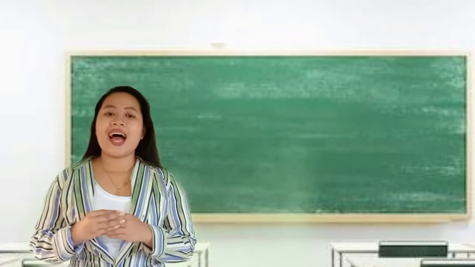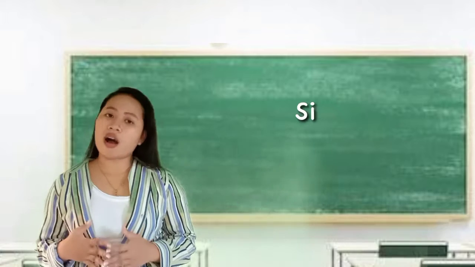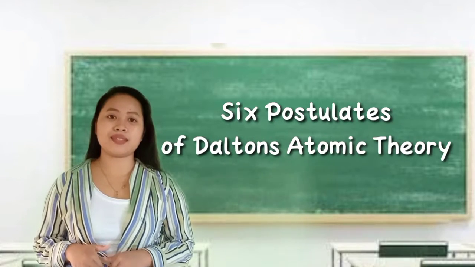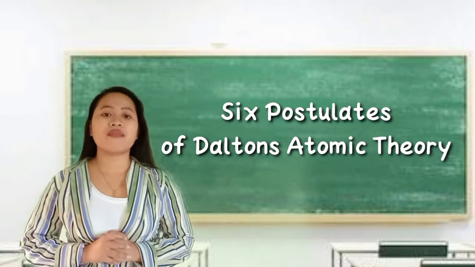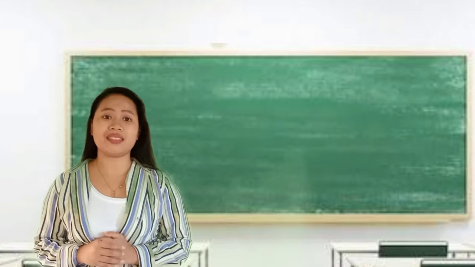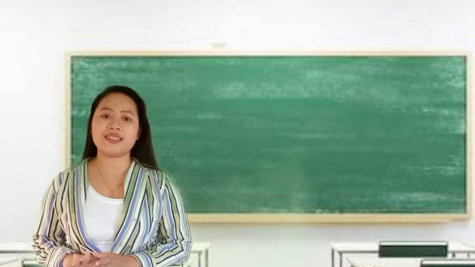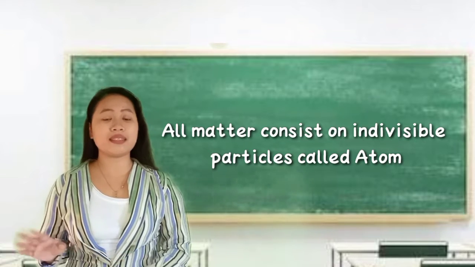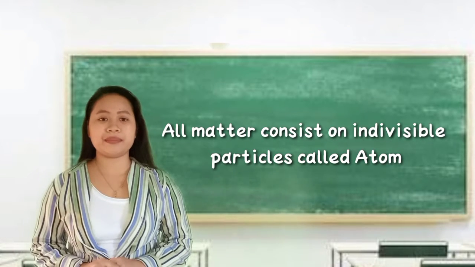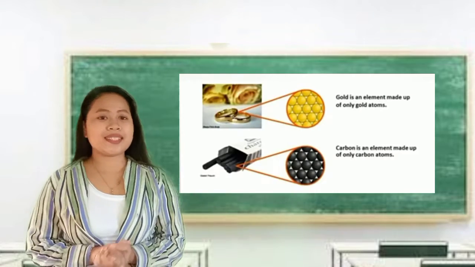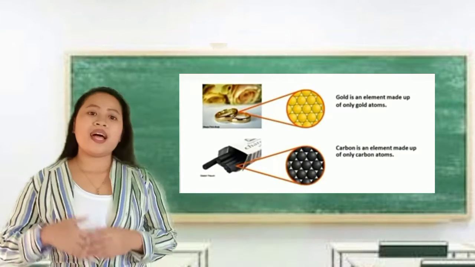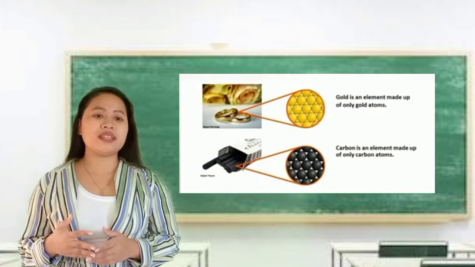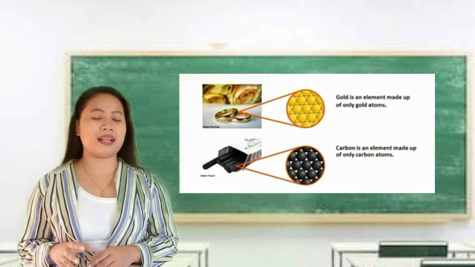In Dalton's theory, there are 6 postulates. So, here is the first postulate of Dalton's atomic theory. First, all matter consists of indivisible particles called atoms. As you can see in this picture, there is a gold element and a carbon element.